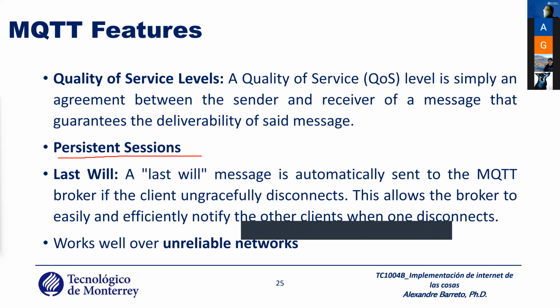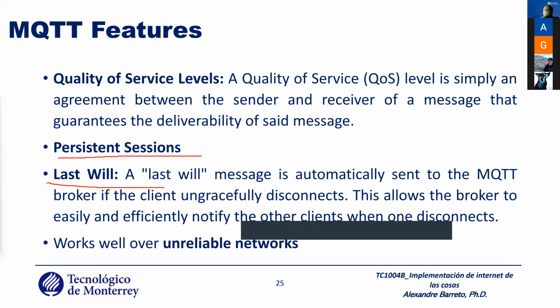You have the last will. The last will is a type of message used to identify that it is the last message. For example, you have a publisher, and the publisher identifies that the battery is ending, and in a few minutes the device will turn off.